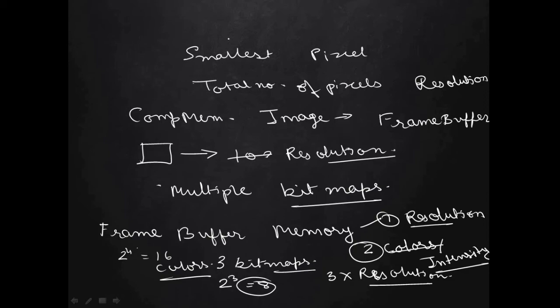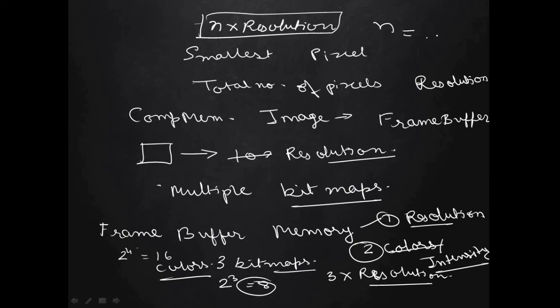So we can have a general formula here: the required frame buffer memory is n into resolution. And one more important thing, how many colors we can have. If there are n bit maps or n bits per pixel, then we can have a total of 2 to the power n colors in our system.